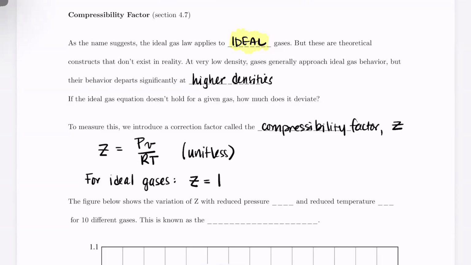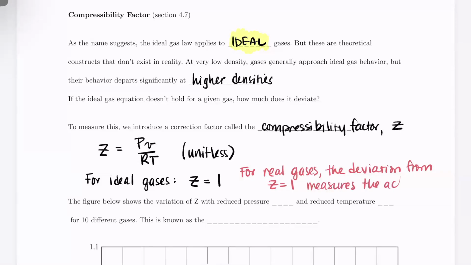For real gases, the deviation of Z from 1 measures the deviation of the actual PVT relationship from the ideal gas equation of state.